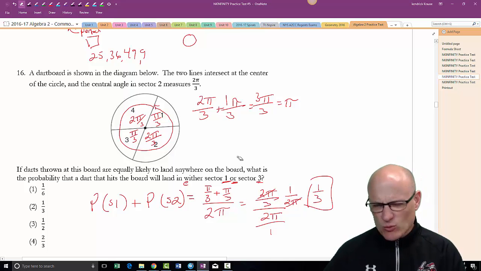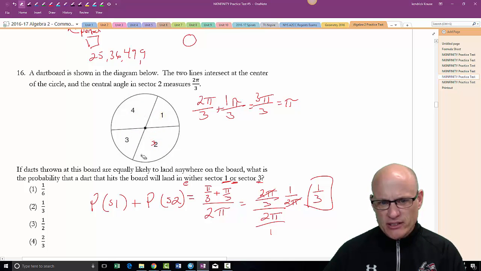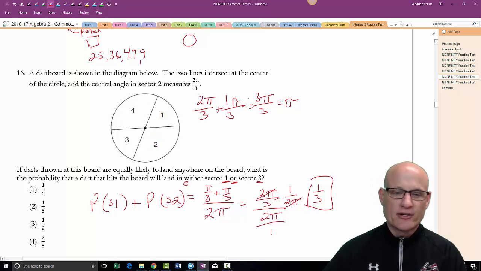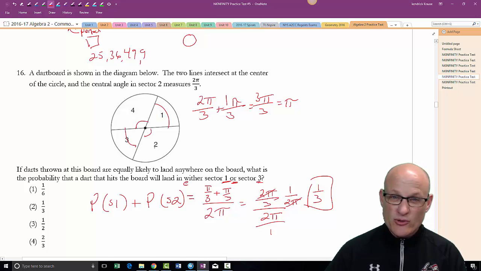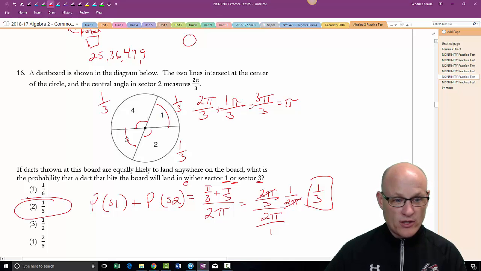Now that's the really complicated way to do it. If this is 2/3 and this is 2/3, don't these two have to make up also 2/3? In other words, this is 1/3 of the circle, this is 1/3 of the circle, and this is 1/3 of the whole circle. So the probability that it would land in there would also be 1/3.